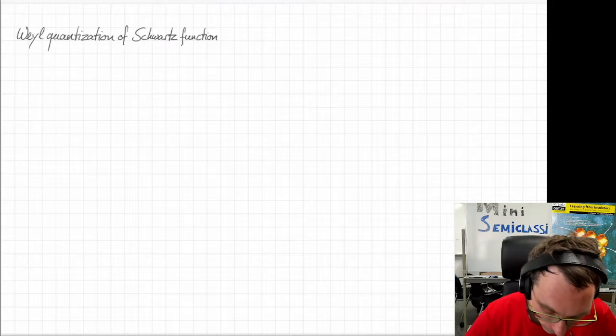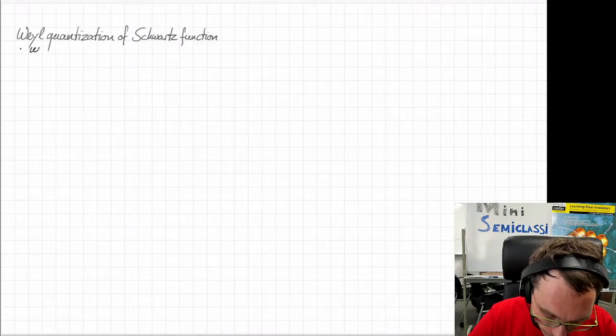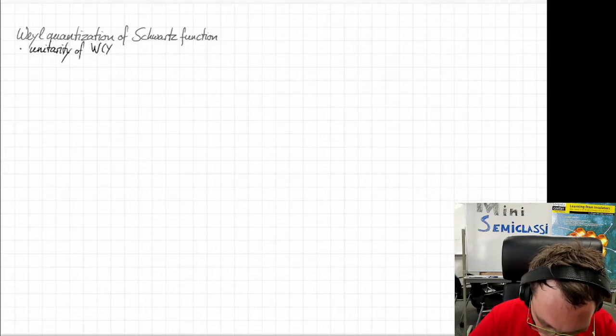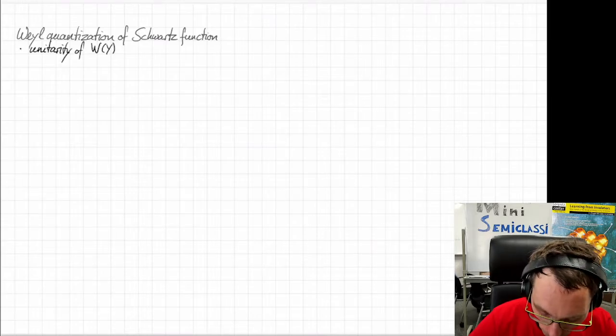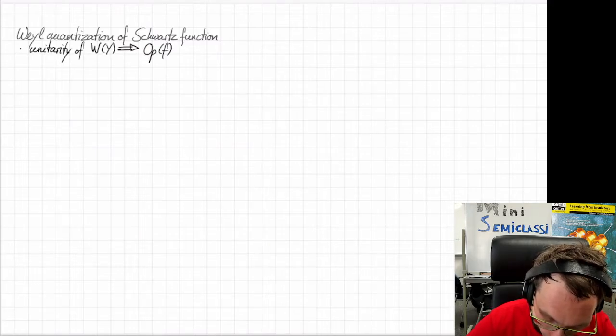One fact that is relatively easy to prove is that the unitarity of the Weyl system implies the boundedness of the quantization of any Schwartz function.